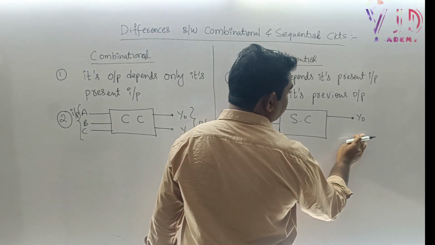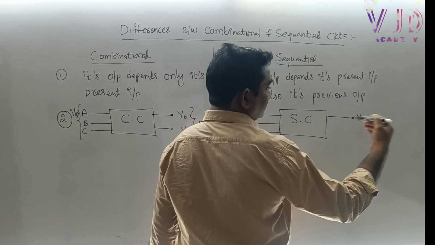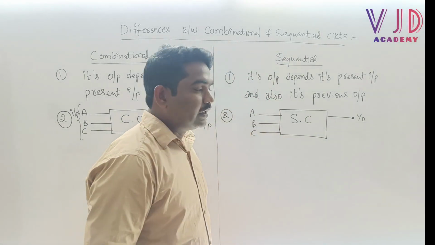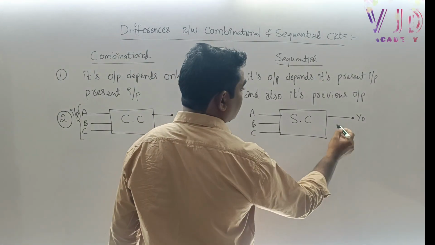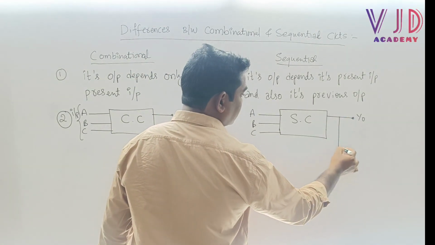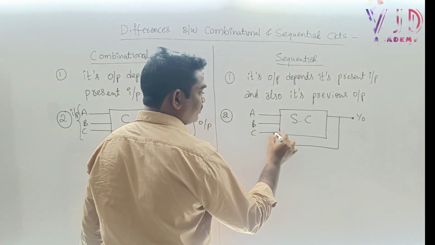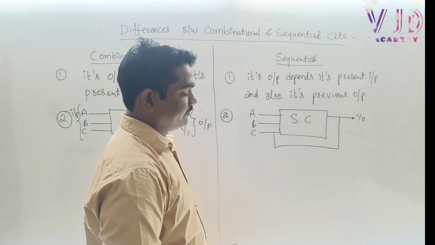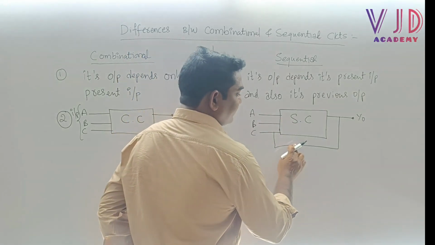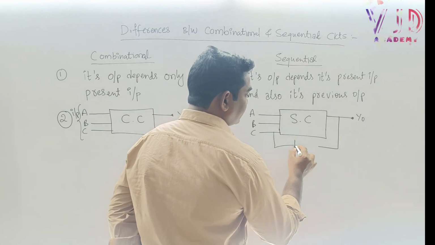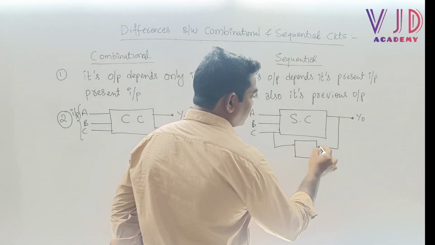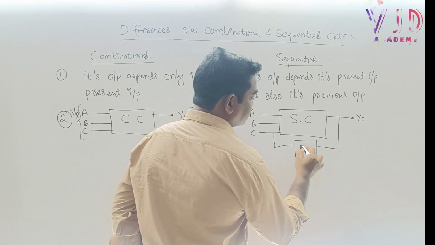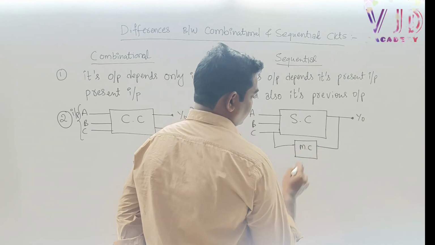We will see Y0 and Y0 bar in the circuit analysis of flip-flop. As of now, let us understand: suppose this is the Y0 output and it comes back to the input as feedback. In the feedback, we are just connecting one buffer circuit or memory circuit.